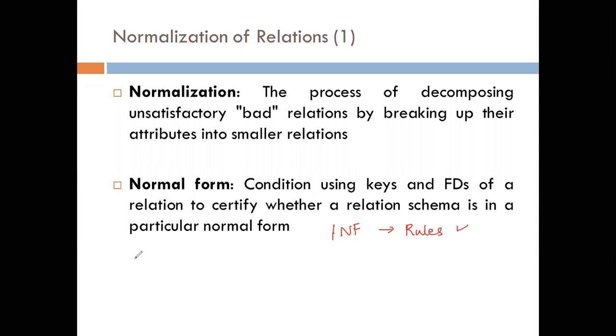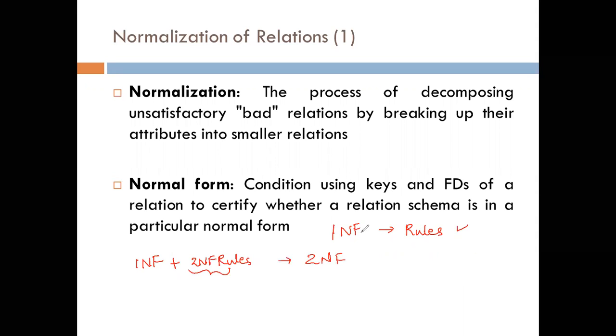Then if it obeys the first NF rules plus 2NF rules, then we'll call it as it is in 2NF. So the relation is in second normal form.